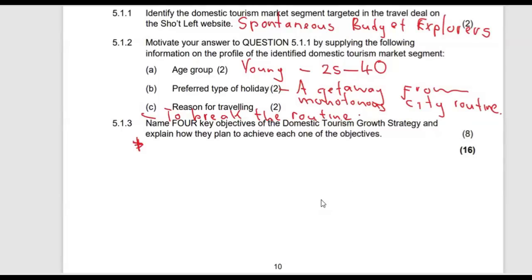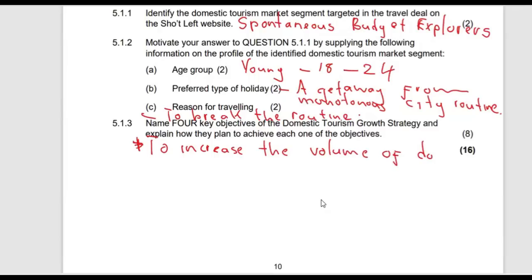So the first objective of the domestic travel is to increase the number of domestic tourists, to accelerate the volume of domestic tourists.